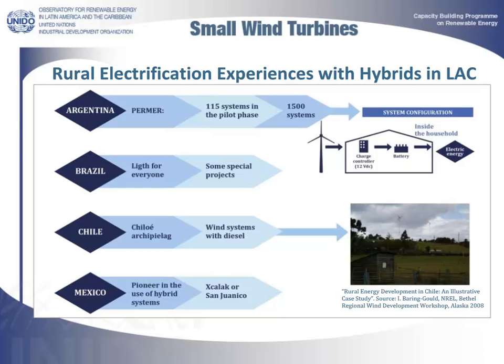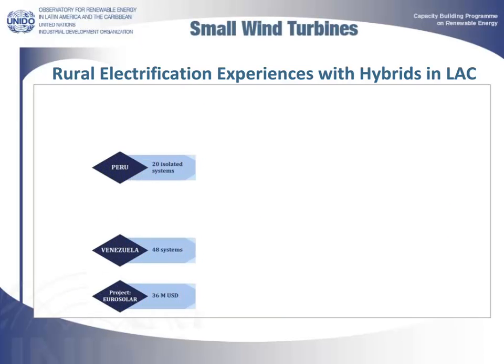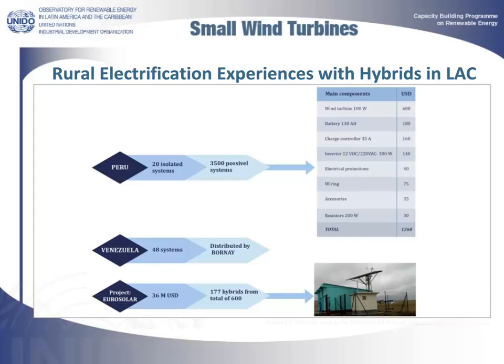In Peru, we have 20 hybrid systems, wind power 100 watts, 50 watts, 5 volts, already deployed in the former rural electrification plan. It has been estimated that there are 3,500 homes that might potentially include mini-wind systems on a reliable basis. Then we have the Eurosolar project.